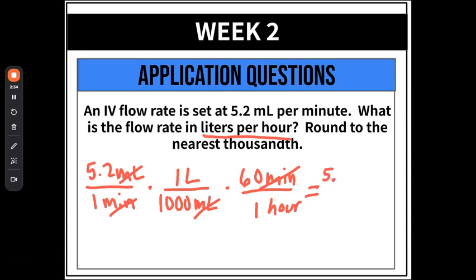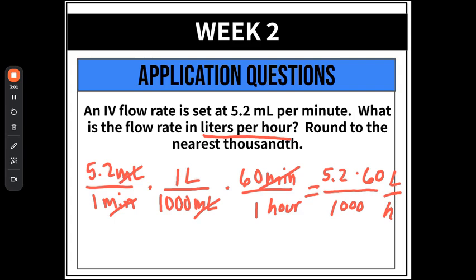So 5.2 times 60 over, now we just multiply the bottom. 1 times 1,000 times 1 is going to be 1,000. And we can't forget our units, liters per hour.